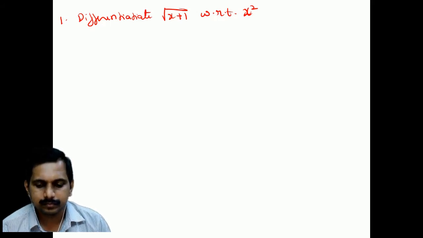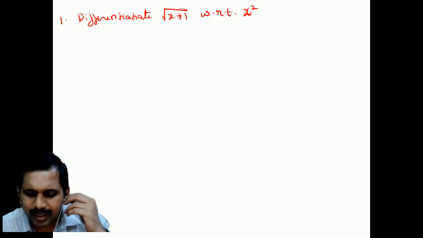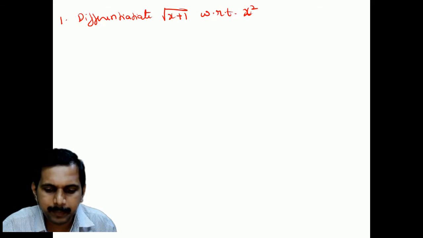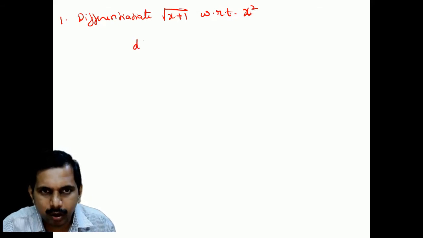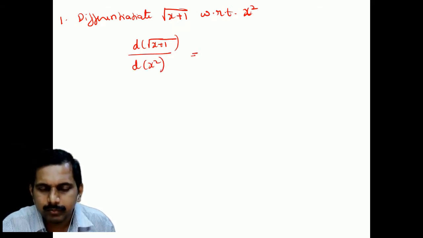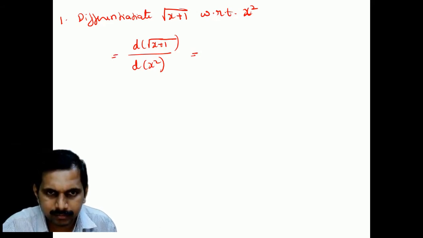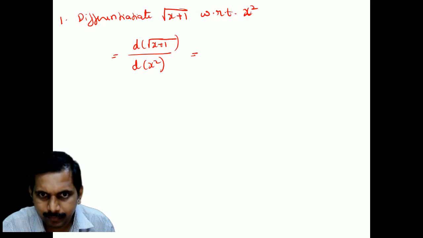Minus 1 by 4x into root x plus 1. Correct, very simple. That's the correct answer. So what happens is this comes as d of root of x plus 1 divided by d of x square. Root of x plus 1 differentiated is 1 by 2 into 1 by root of x plus 1.